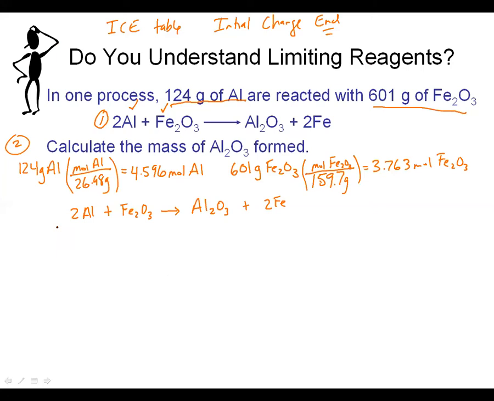So initially, we have the moles of aluminum, which we calculated above. So that's 4.596 moles.